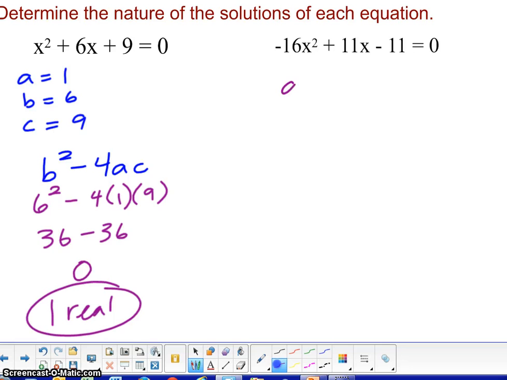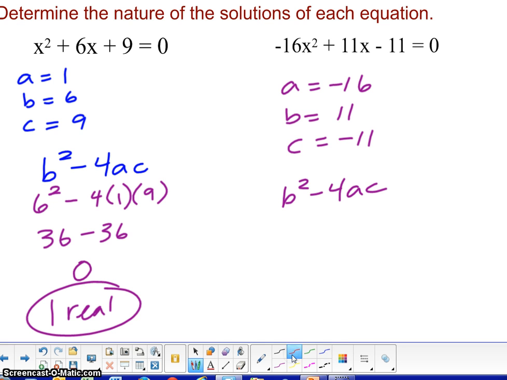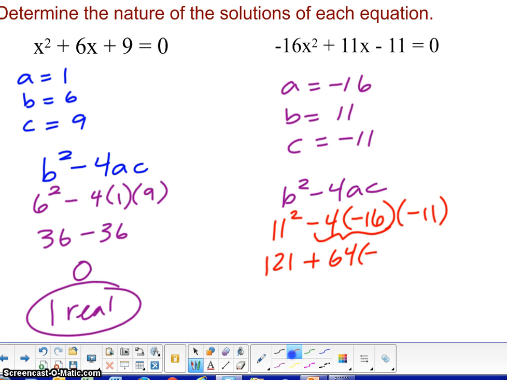The next one, we have A equaling negative 16, B is 11, and C is negative 11. When you plug that into the discriminant, you end up with 11 squared minus 4 times negative 16 times negative 11. You get 121, and I need to use a calculator here.